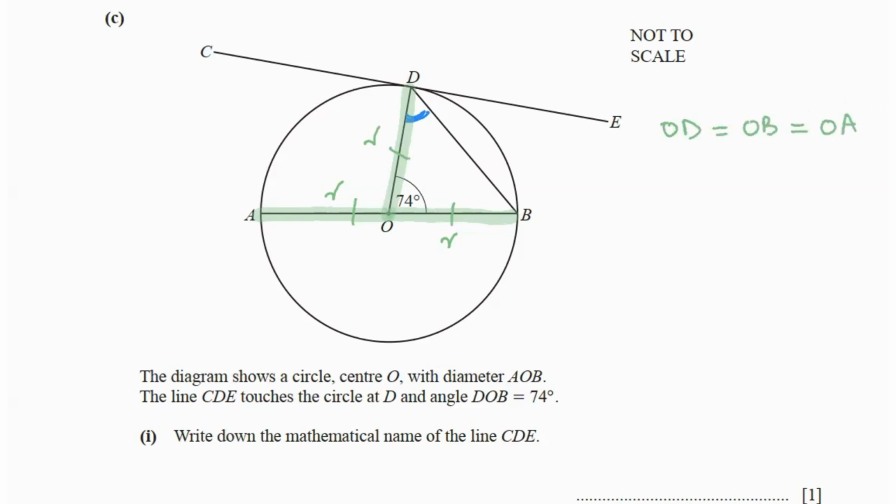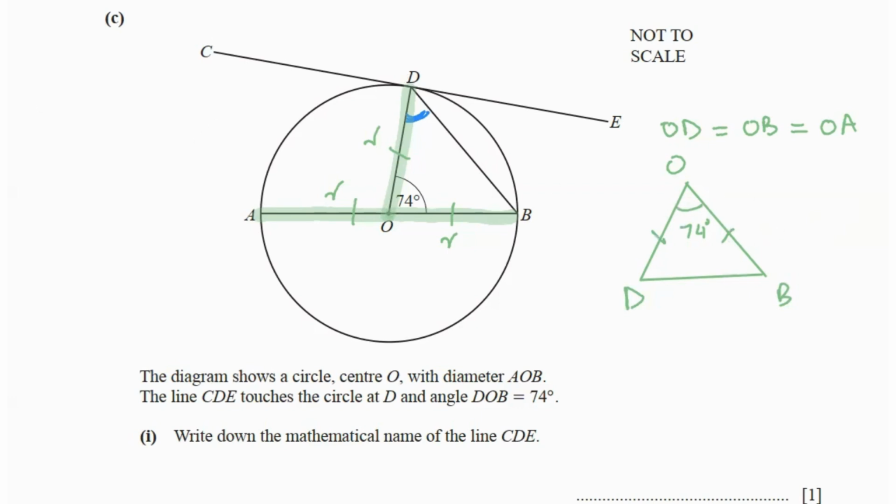Now that we've established what the radius is and why it's equal, I want you to see that we have this triangle over here, triangle ODB. In this triangle, this is 74, and these two lengths are equal. If you go back to the shape properties that you've learned before, whenever you have a triangle which has two equal sides, it will have two equal angles as well. That triangle is called an isosceles triangle.